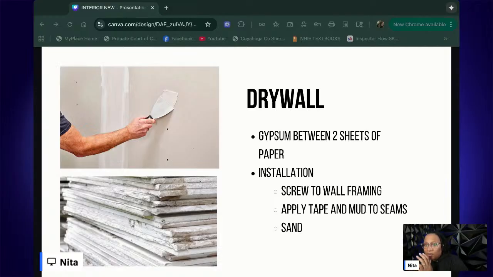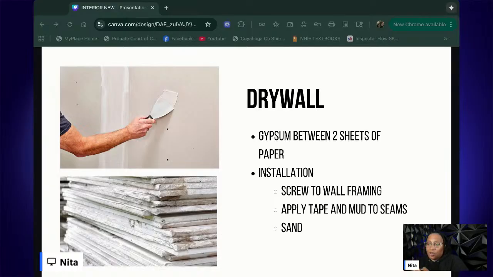Most of the walls, drywall is the most common interior finish for our walls and our ceilings in newer homes. You may hear it called sheetrock, which is a brand name, so it's technically not correct, but you hear people refer to it as sheetrock.